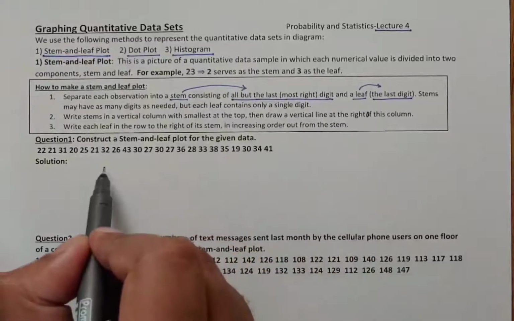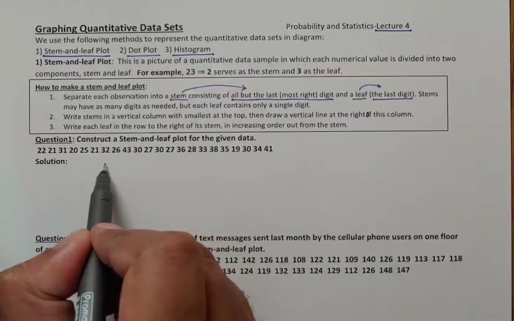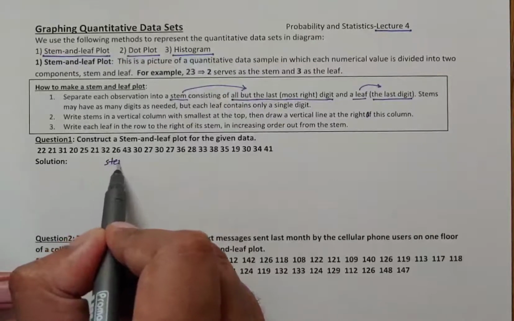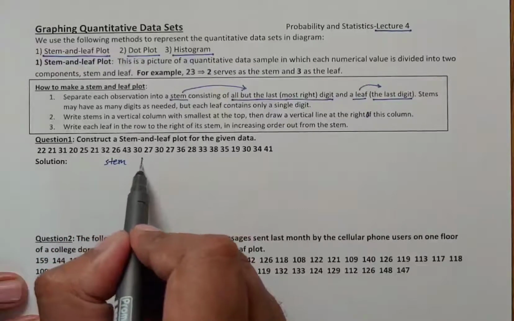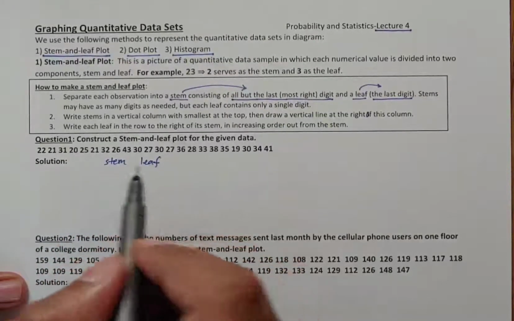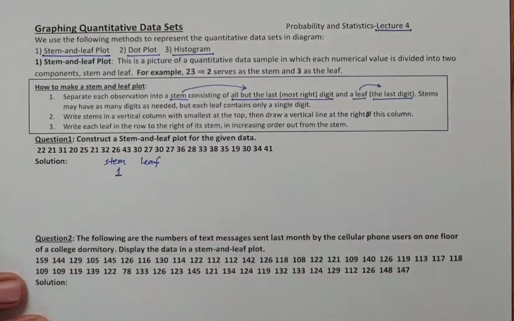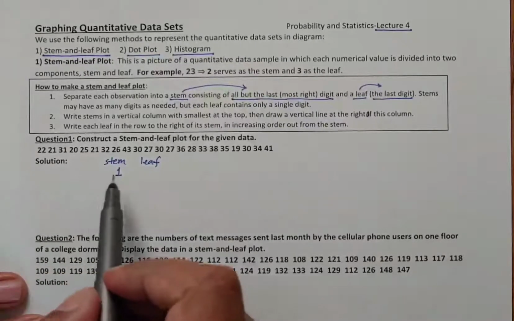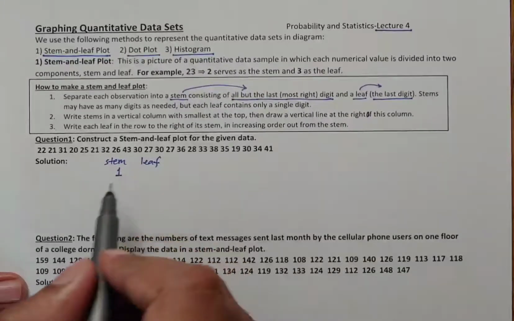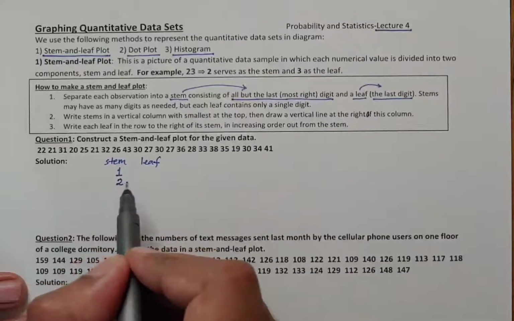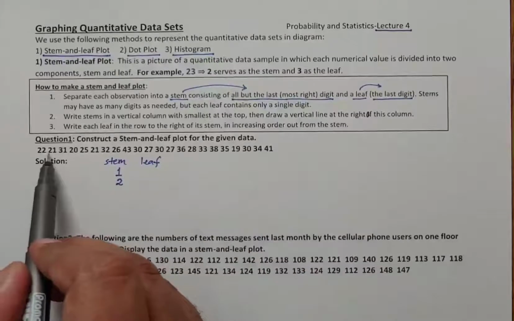So we can write it like stem and leaf. 1 is the smallest stem because in 19, 1 is stem and 9 is leaf, right? So we write 1, and then 2, because there are some 20s: 20, 21, 22, 20.